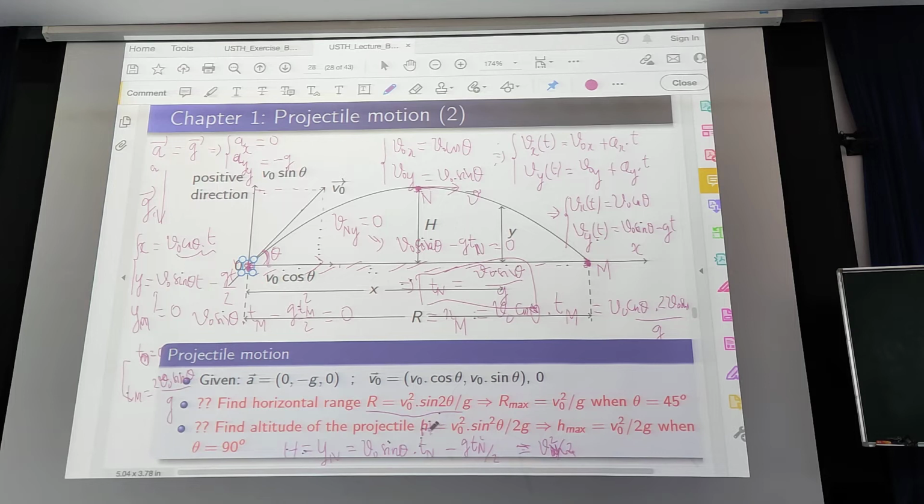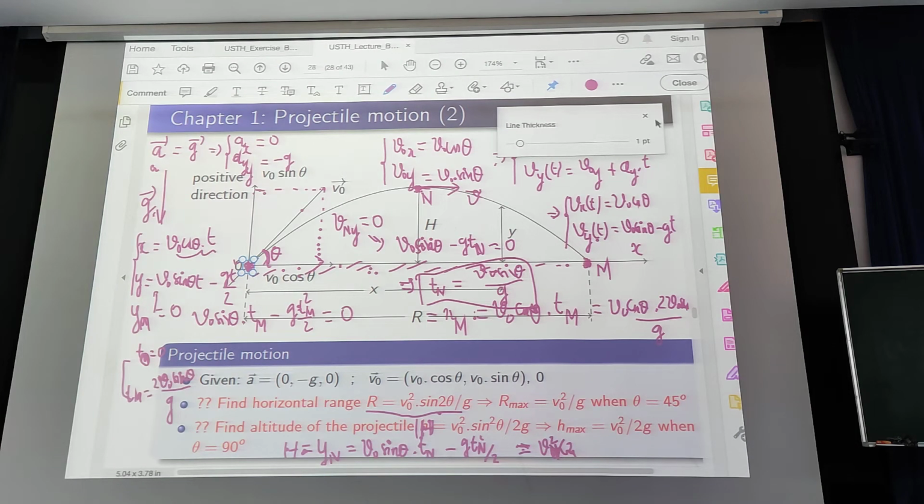So the result is here. It's different. Okay, I have no choice. So it is V0 squared sine squared theta divided by 2g.